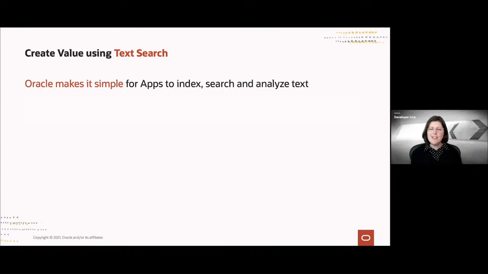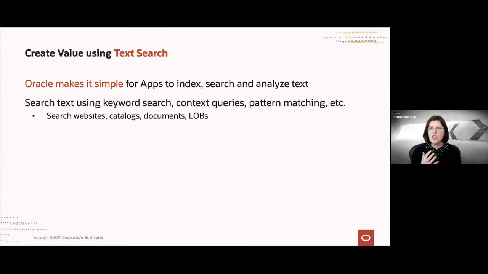Now, speaking of storing large amounts of documents, one of the greatest ways to access all of that data, of course, is to use text search. And Oracle makes it incredibly simple for you to take advantage of searching and analyzing text inside your applications, whether that's keyword search, context queries, or pattern matching, because it's built into the Oracle database.